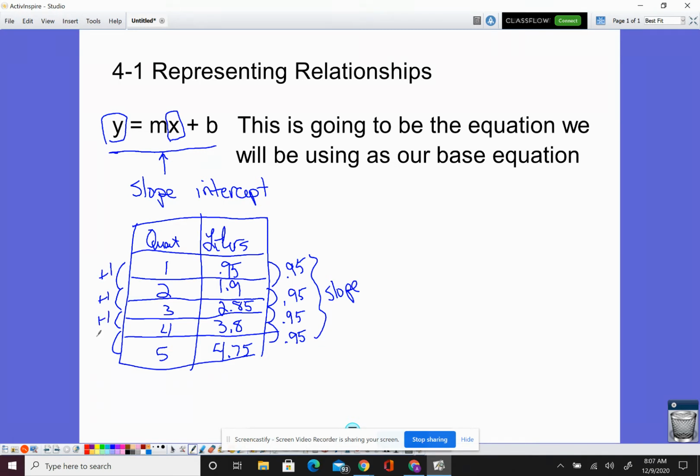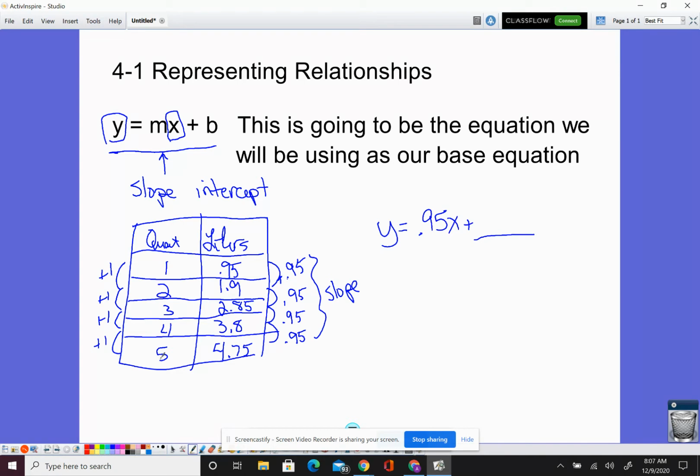So when we look at the difference between our x's, those are 1. The difference between our y's are plus 0.95. So when we put our y's over our x's, we get 0.95 over 1. So when we go to our equation, we have half of what we need. And we have to figure out what the next one is.